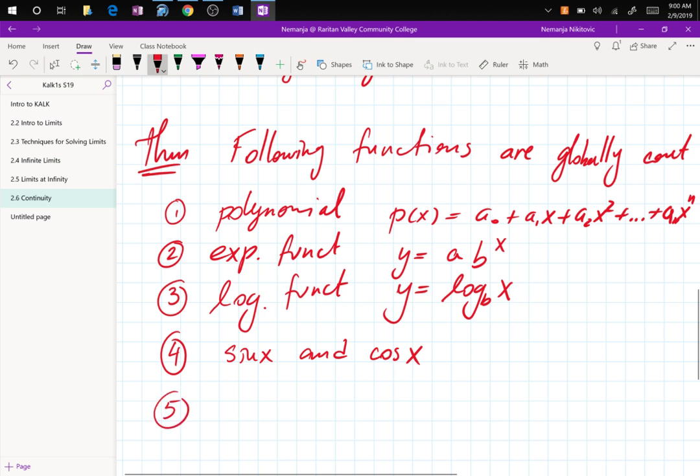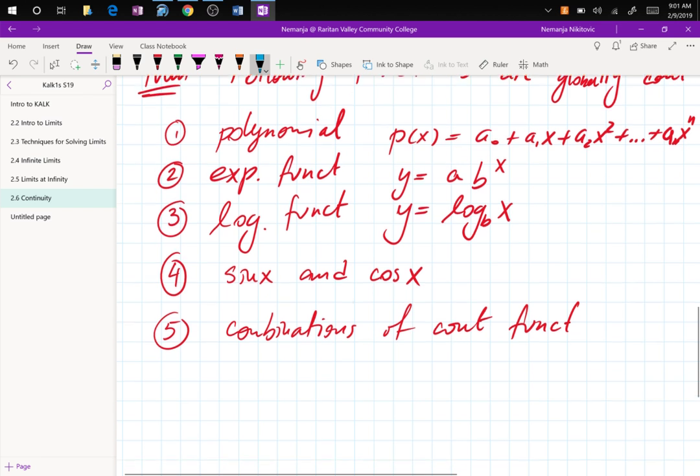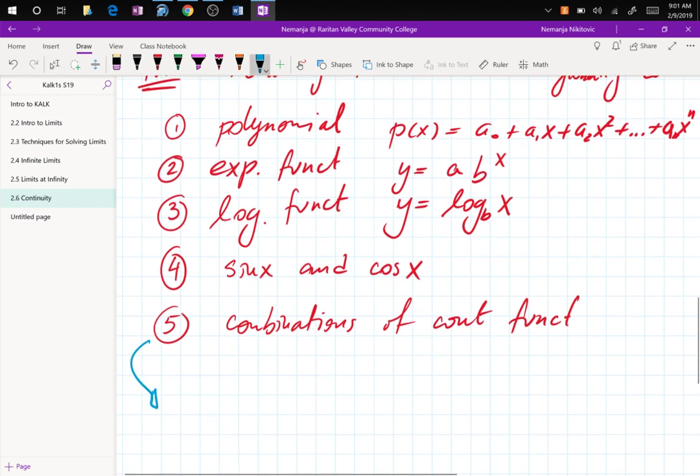And number 5, combinations of continuous functions. Now this is a new theorem. It's a separate theorem. So we're going to write it as a separate theorem. Because absolute value of sine x is continuous, absolute value of x is continuous, square root function of x plus 2 is continuous, right?